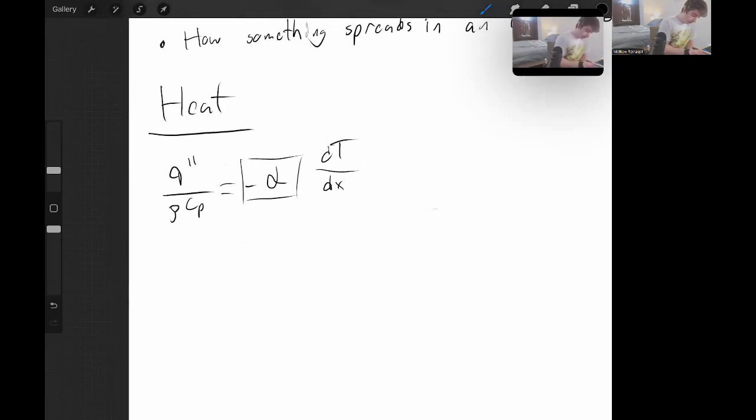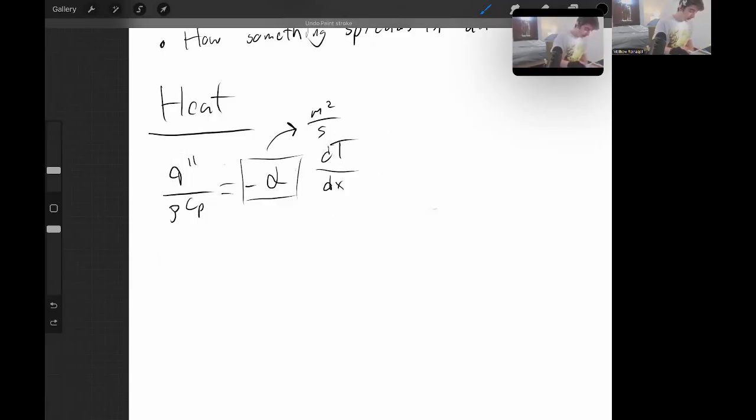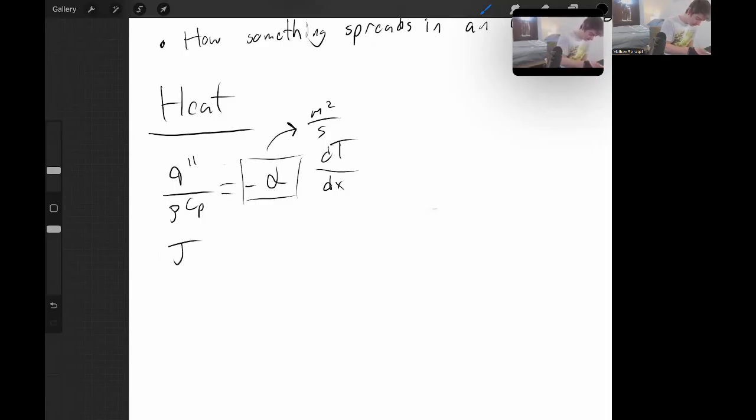But to prove that this diffusivity constant is in meters squared a second, we're going to combine all units from the heat flux and the temperature gradient, and then simplify it to meters squared a second. If we look at heat flux, the units look something like this.